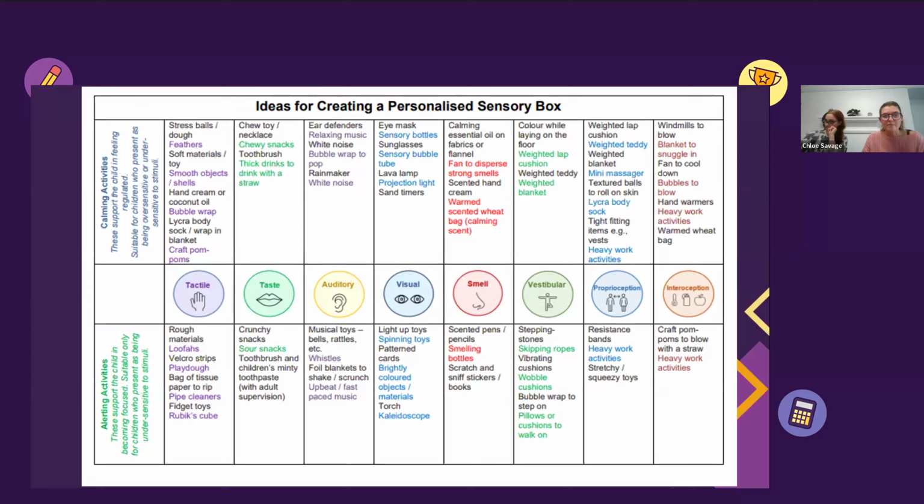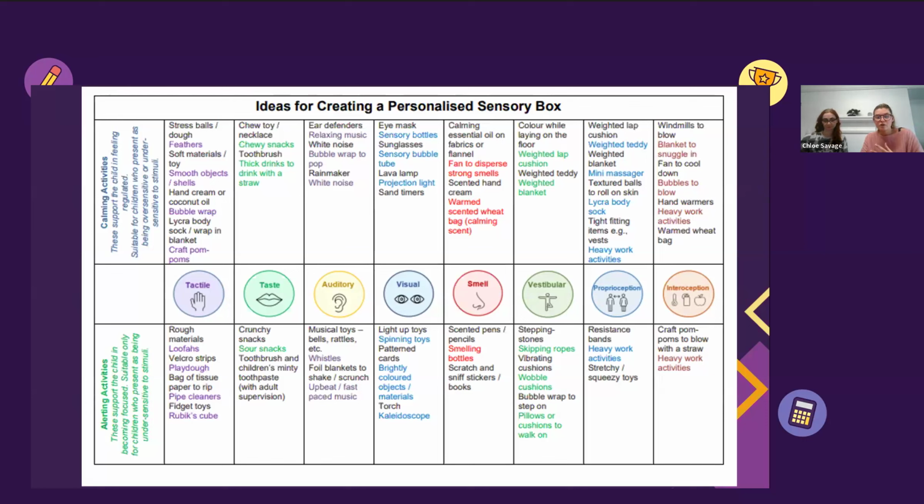Things that might be helpful are ear defenders, relaxing music if possible, I know that depends on your provision, white noise, and bubble wrap to pop, because it can really zone in on that sound, and rainmakers. I know some students with sensory needs at some schools are allowed to carry a device where they can listen to music, but that's within their personal learning plan.